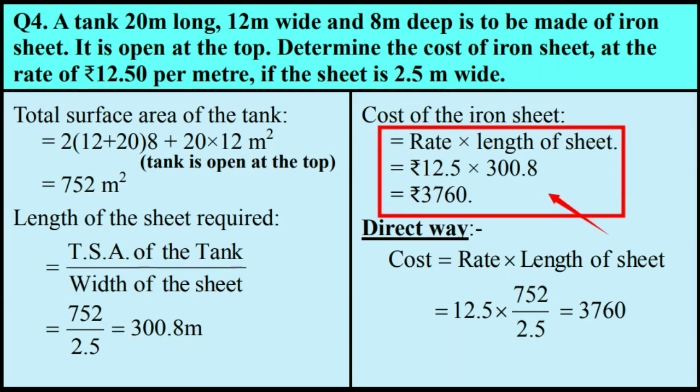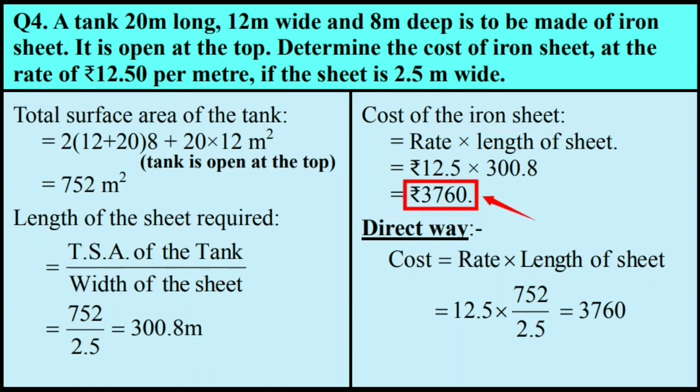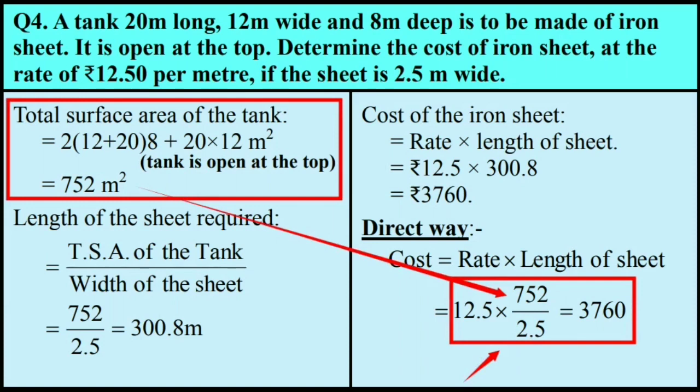Next, the cost of the iron sheet is the rate of the sheet multiplied by the length of the sheet required, that is rupees 12.5 multiplied by 300.8 meter, and the final result is rupees 3760. Or after finding the total surface area of the tank, we could have directly written this expression to get the answer 3760.